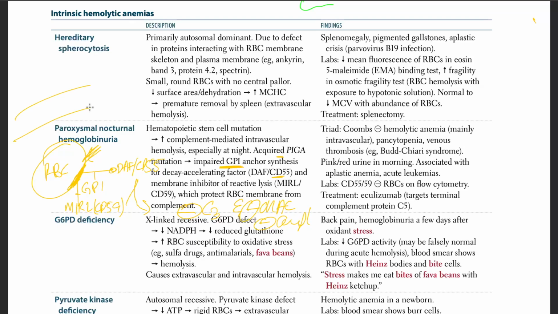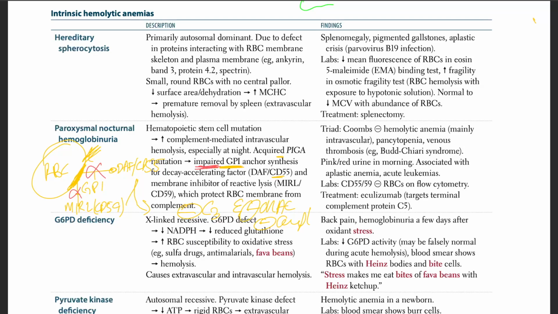In blood, we have RBCs and also the complements going, right? So their job is to let them know, hey, you can't get activated against us. Okay? But what if, let me change the color. What happens is here, you have impairment of this GPI.